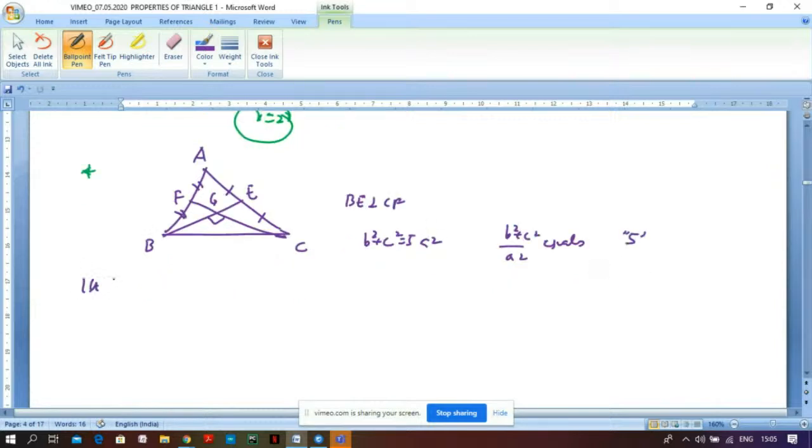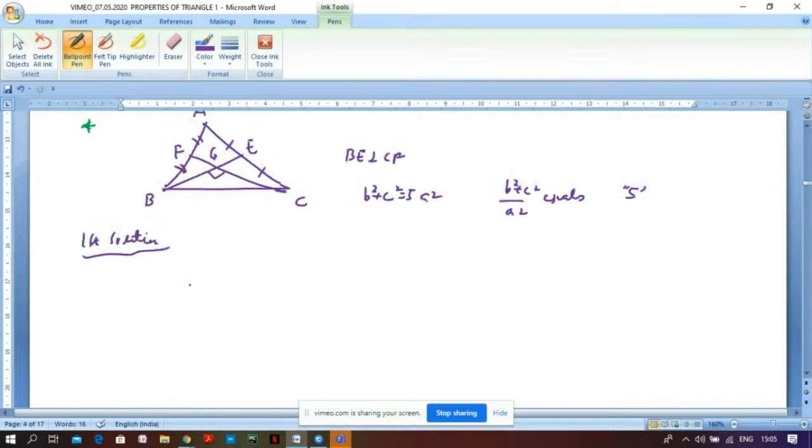So first solution, this is an important result. This gives us an opportunity to use Apollonius theorem for finding the length of medians. Suppose the median is BE, so this is mb squared. mb squared is 1 over 4 times 2 times a squared plus c squared minus b squared.